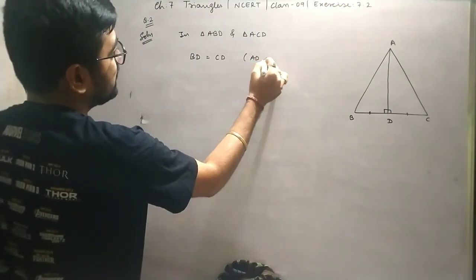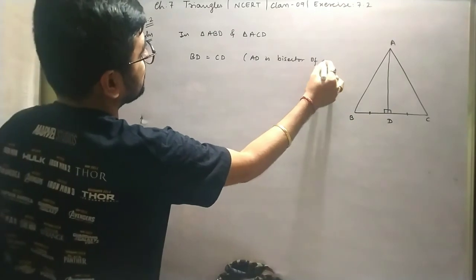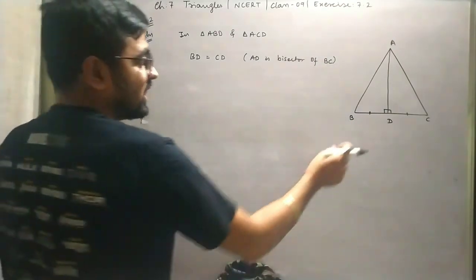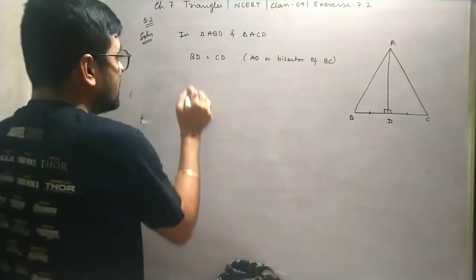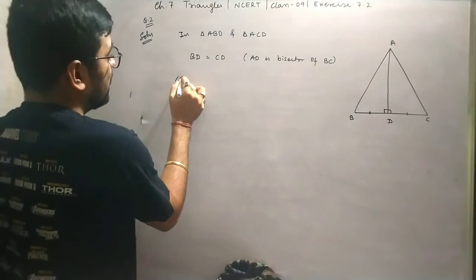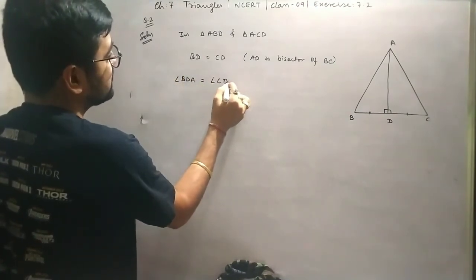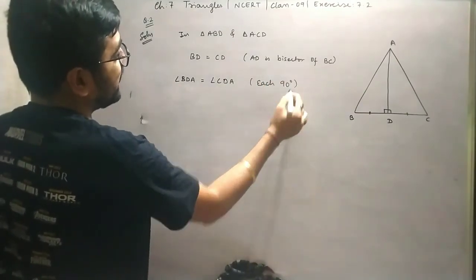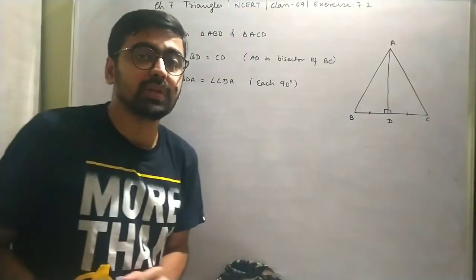Because AD is the bisector of BC, that means it divides into two equal parts, so BD is equal to CD. Also we have that angle BDA is equal to angle CDA, each 90 degrees. Why 90 degrees? Because we know that AD is perpendicular to BC.